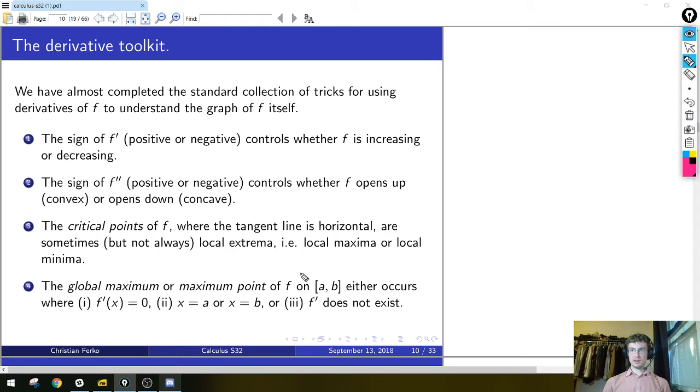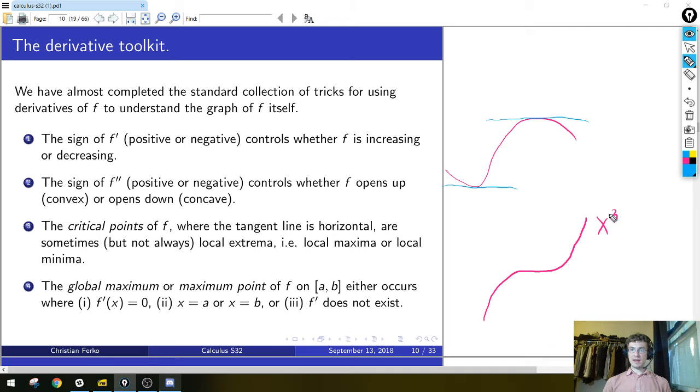We saw these critical points. Often these critical points of a function, where the derivative is horizontal, will sometimes, but not always, be local extrema. Why do I say sometimes? Well, a counterexample is something like the graph of x cubed.